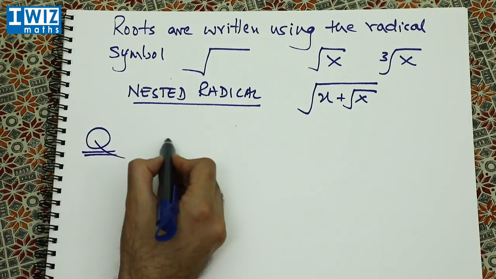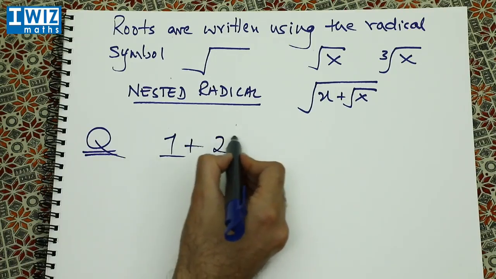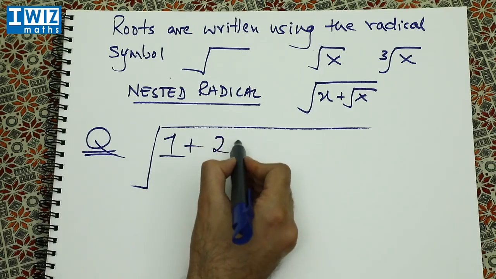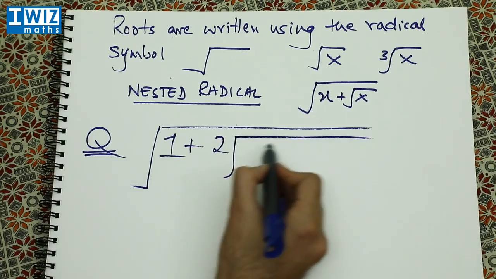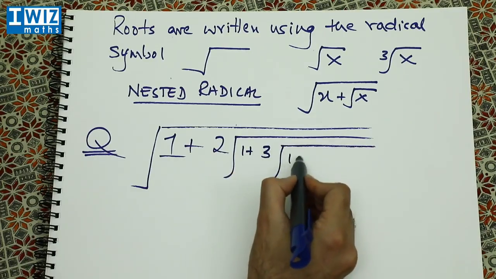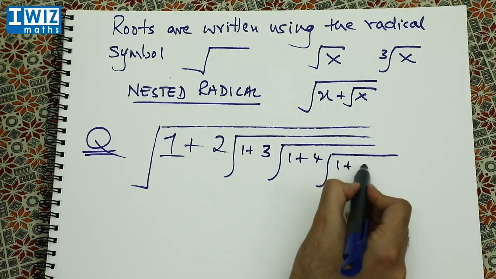Can we evaluate 1 plus 2 times the square root of 1 plus 3 times the square root of 1 plus 4, and the pattern continues.